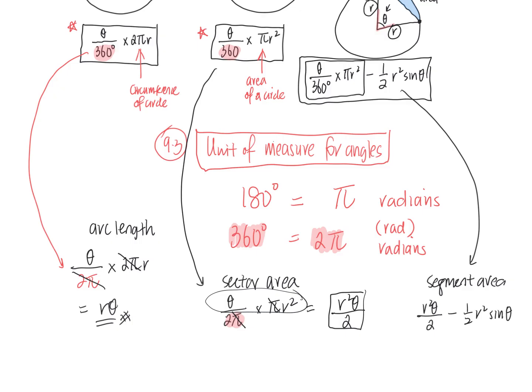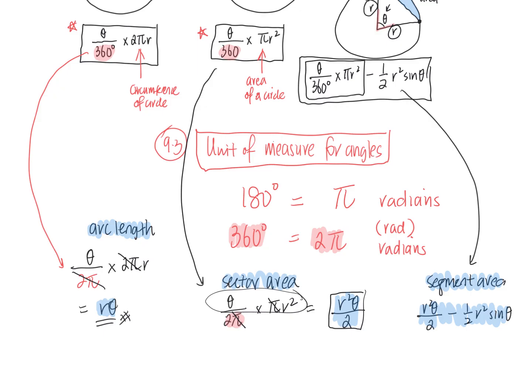The only difference is now my formula is slightly simpler looking. Arc length is r theta. Sector area is r squared theta divided by 2. Segment area is the same thing minus the triangle. So these are the 3 new formulas.